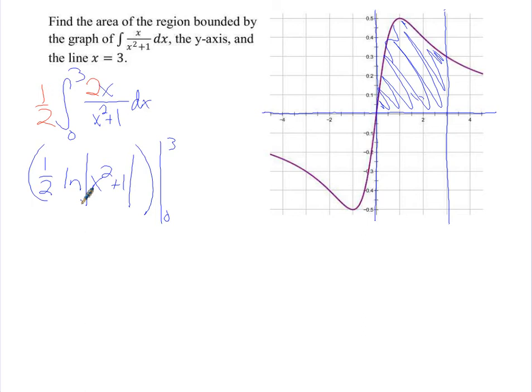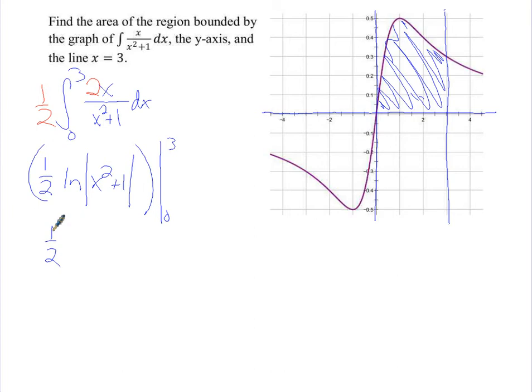So what do I do? Plug 3 in, so I have the 1/2. Is that out front, or is that still attached, or does it matter? That is out front. Does it matter? No, it doesn't. It's a 1/2 that I can pull out. I can factor that out, or leave it in.